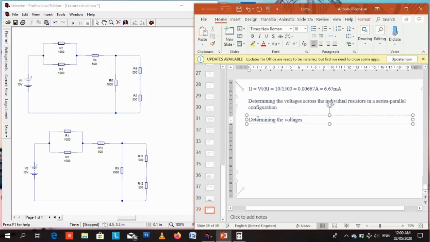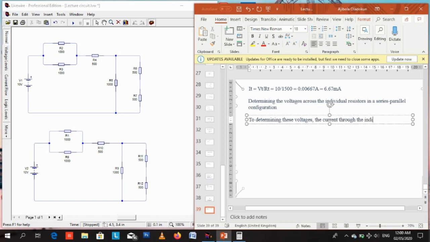So we are determining the voltages across each of the resistors in this series parallel combination of series resistor connections and parallel.